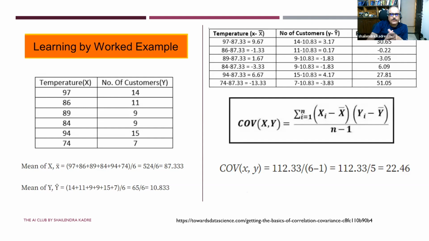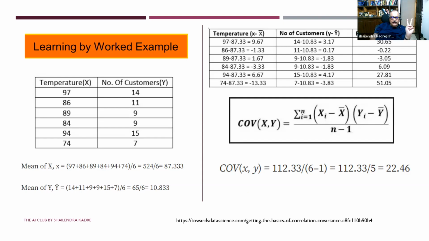Maybe it's selling something like ice cream, because when the temperature is 74, which is on the lower side, only 7 customers came, and if the temperature is more, more customers are coming. So you can assume some kind of ice cream is being sold. So first is temperature, other is number of customers. Those 2 columns you have.